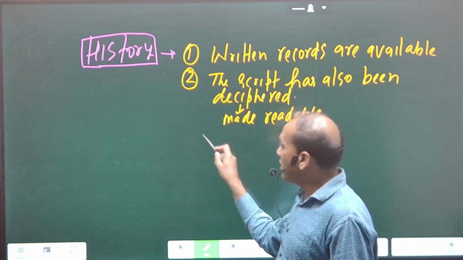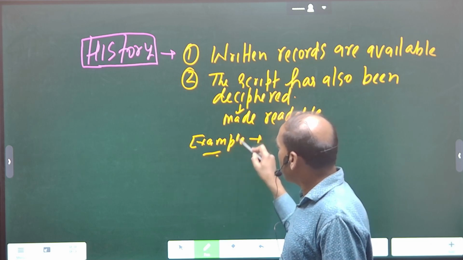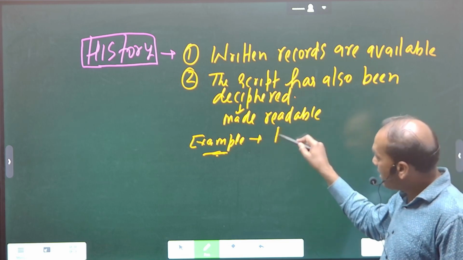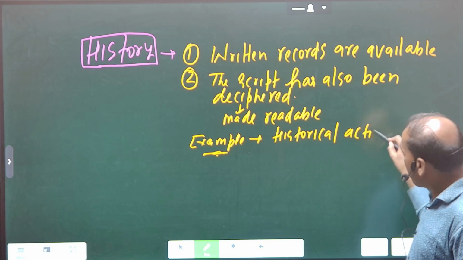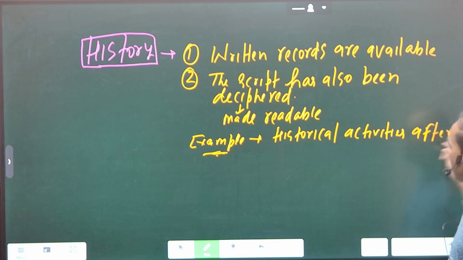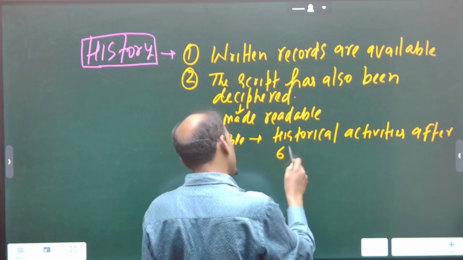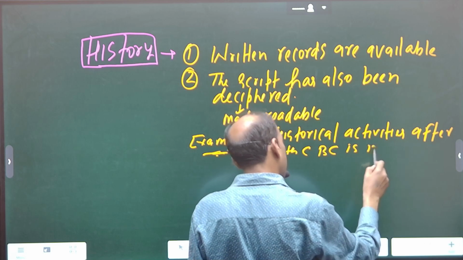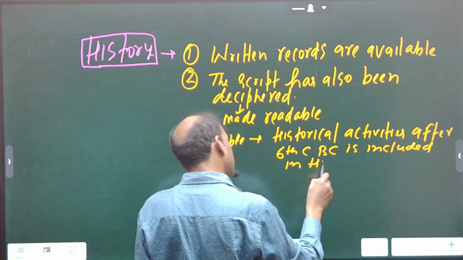So as an example you can say that historical activities after 6th century BC are included in history.